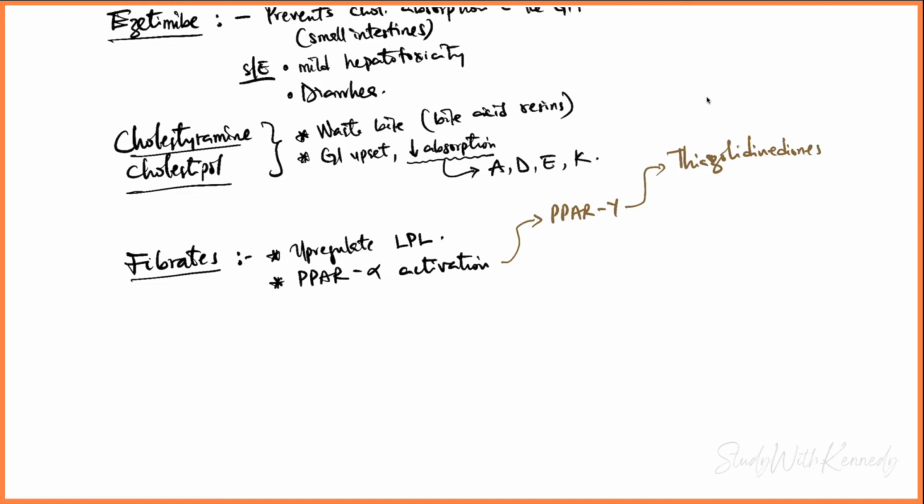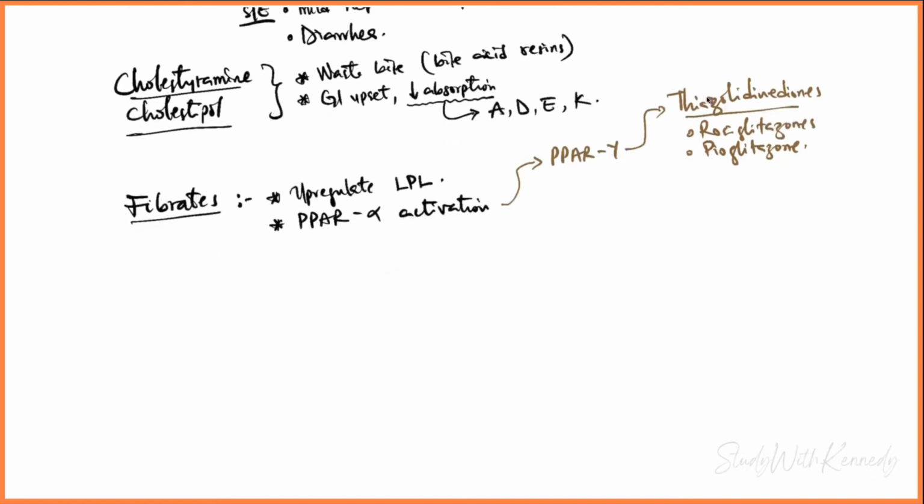You may remember, what do we call that drug? Rosiglitazone as a classic one. Pioglitazone. These medications are used in diabetic patients. And you remember the classic side effects they have, heart failure, especially with rosiglitazone. Patients tend to develop heart failure, but that's by the way. Let's talk about fibrates. Fibrates activate PPAR alpha, so they are PPAR alpha agonists, right? All right, side effect of fibrates.